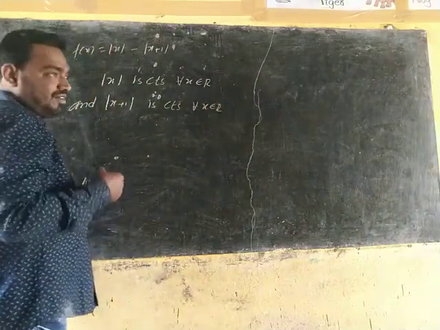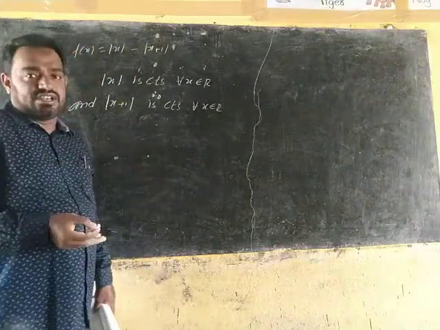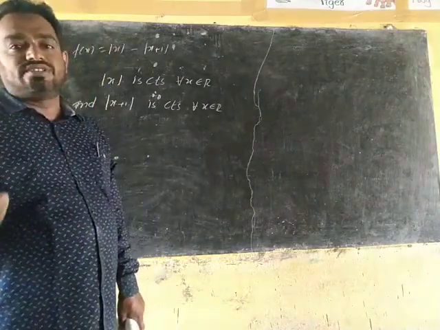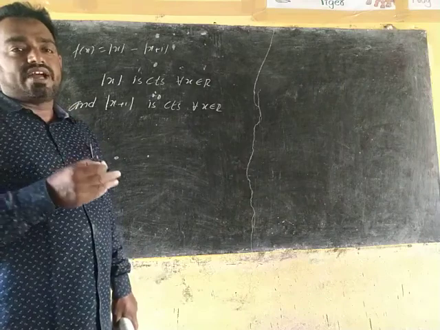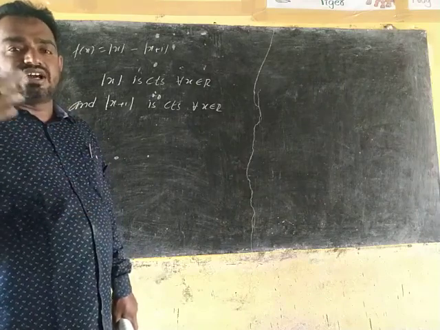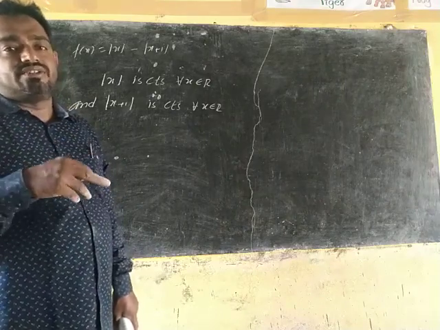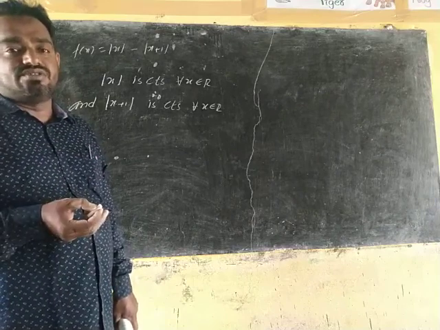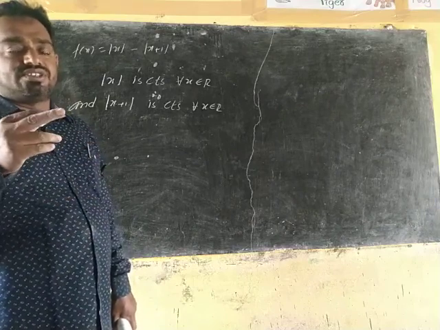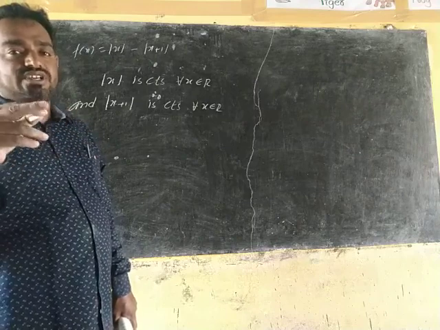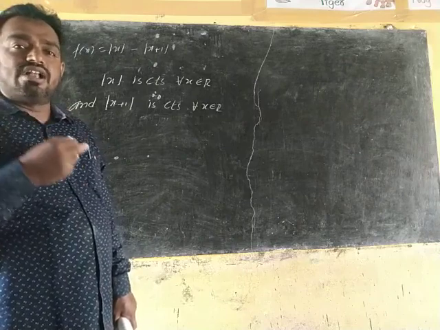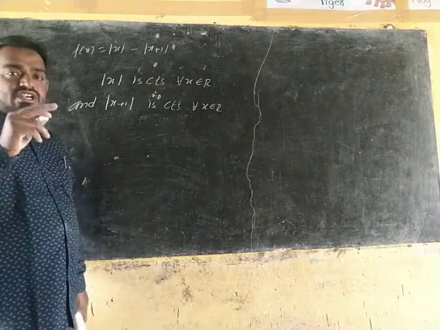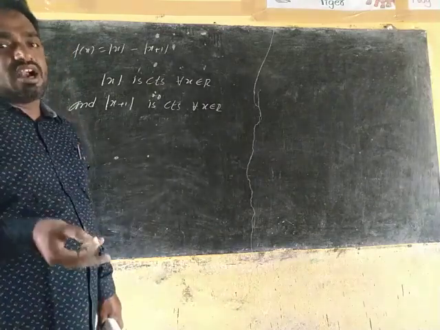Now, f of x is continuous, g of x is continuous. Then, addition f of x plus g of x is continuous. Subtraction f of x minus g of x is also continuous. Product f of x into g of x is also continuous. Division f of x by g of x when g of x is not equal to 0 is also continuous. So addition, multiplication, division, subtraction are all continuous functions.